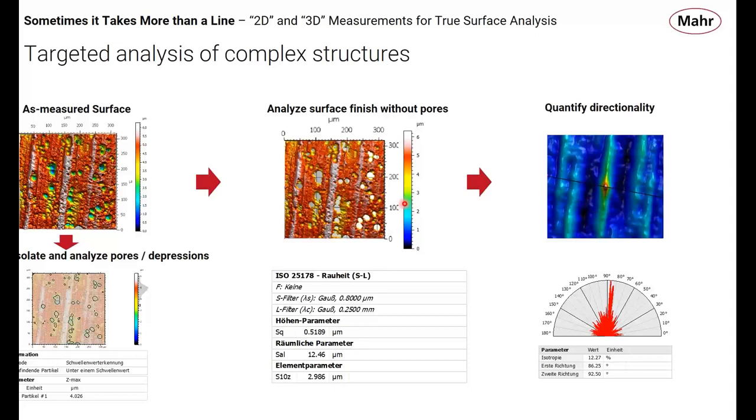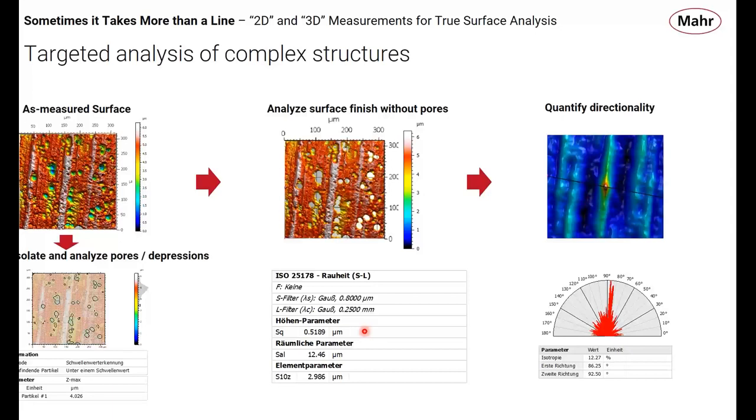The other half of this task is, we want to look at the grinding marks without those pores. So here we've simply taken the result of this subtraction and we've left behind just the grinding marks. And now we can go in and look at just the fundamental roughness. And in this case, we've chosen SQ. For some of you, SQ may be a new parameter. For some of you not. But that is very similar to the ISO 4287 RQ. That is the root mean squared, the RMS roughness.